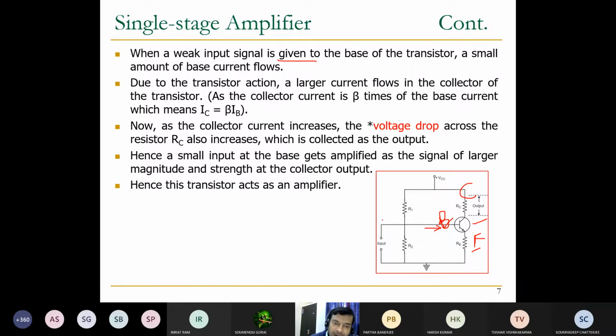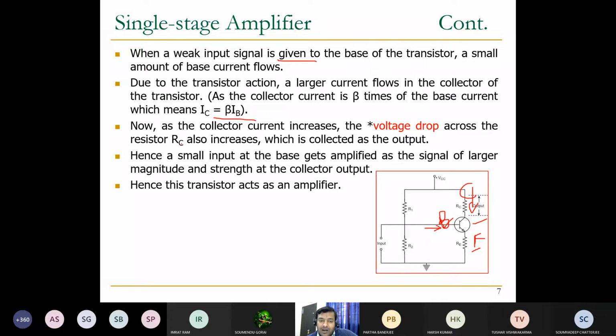Now, due to transistor action, a larger current will flow in the collector of the transistor. Because already we know, collector current is beta times the base current, which means IC is equal to beta IB.